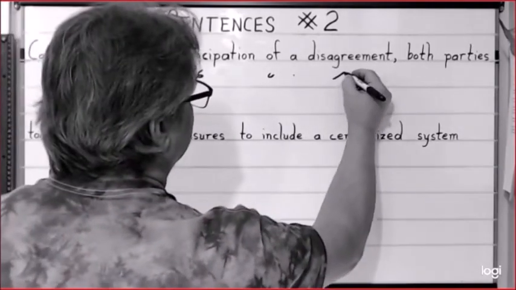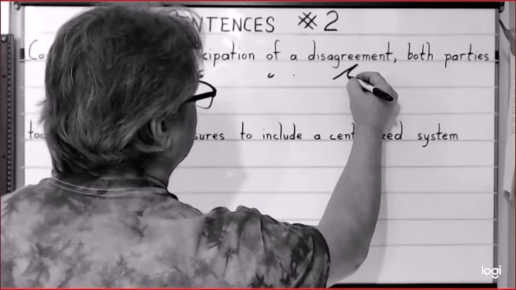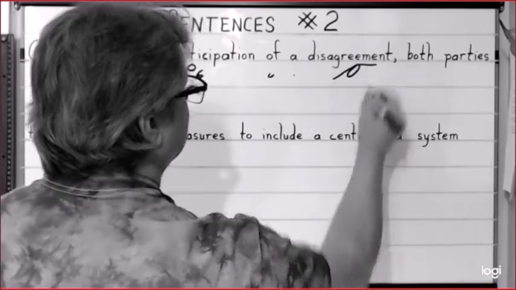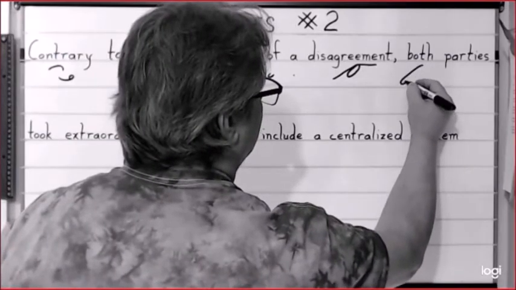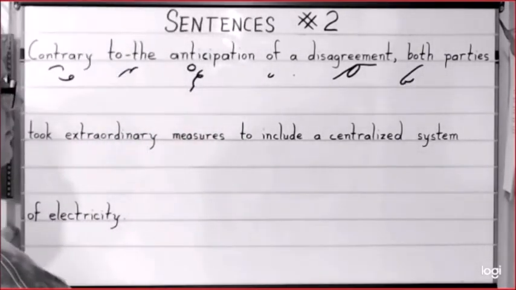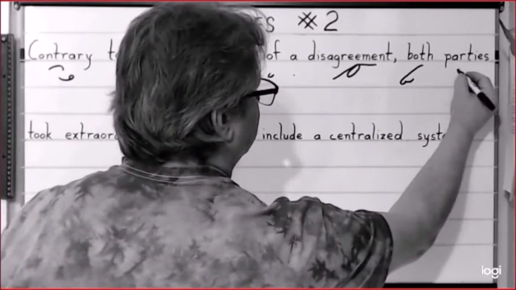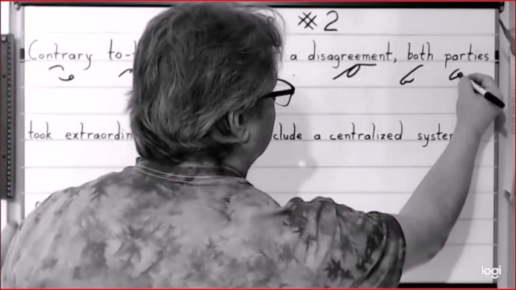Disagreement, this is a D, the loop, and then an M. For both, it is B, O, T, H. For parties, it is P, T, E, S.